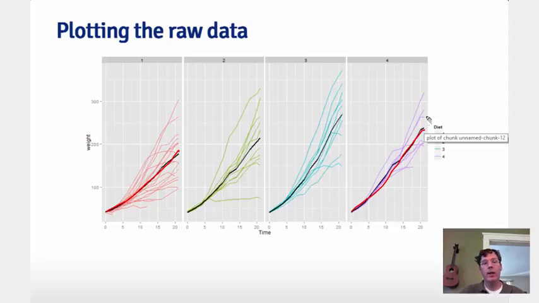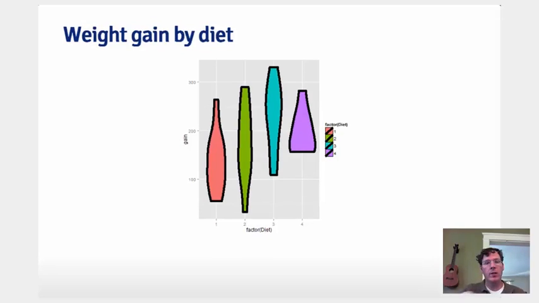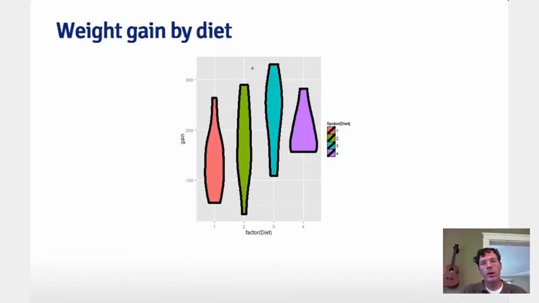Well, let's actually look at it using a formal confidence interval. Here, rather than plotting the individual measurements, I show the end weight minus the baseline weight for each of the diets using a so-called violin plot. We're going to look at diets 1 and 4, so we're comparing this violin plot versus that violin plot.